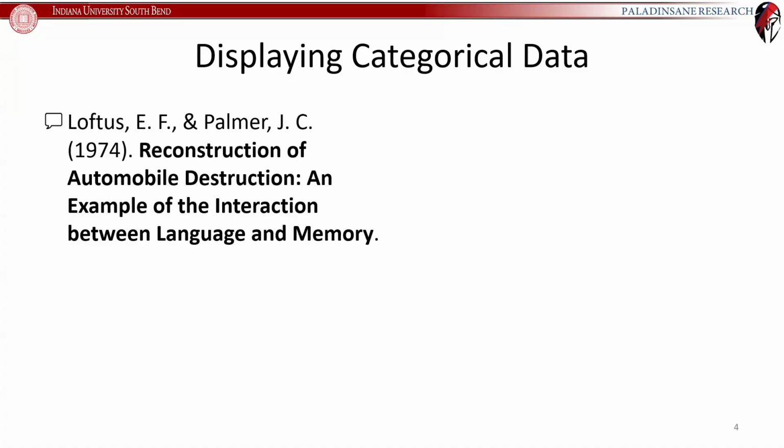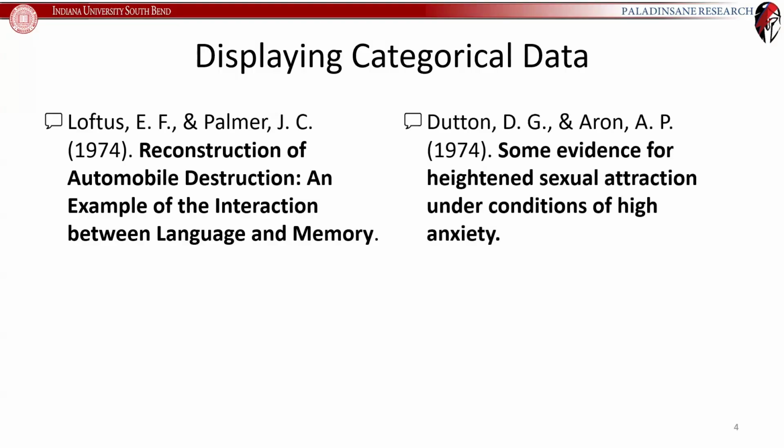The first one, Loftus and Palmer, "Reconstruction of Automobile Destruction: An Example of the Interaction Between Language and Memory," where they basically showed that your memory is not just accessed when somebody asks you a question, but it's rewritten depending upon how that person actually asked that question. Then we'll also take a look at Dutton and Aron, "Some Evidence for Heightened Sexual Attraction Under Conditions of High Anxiety." And that title kind of speaks for itself.